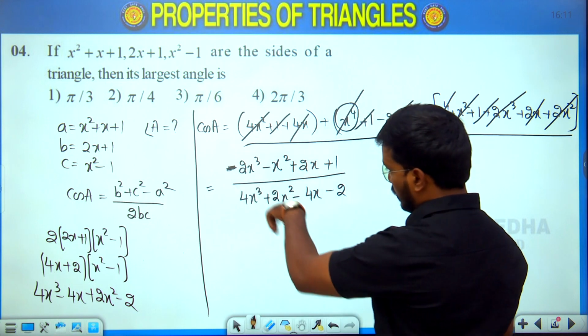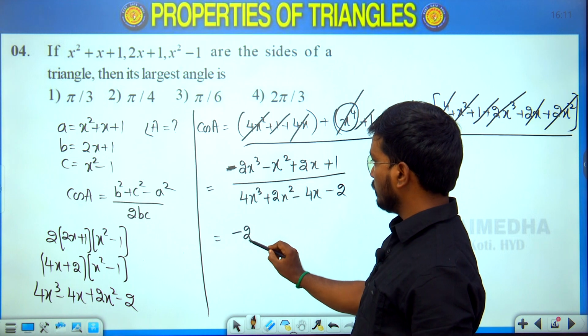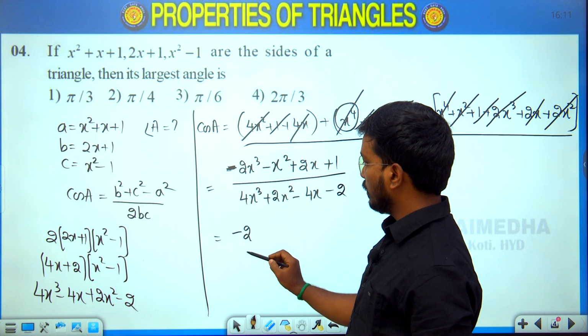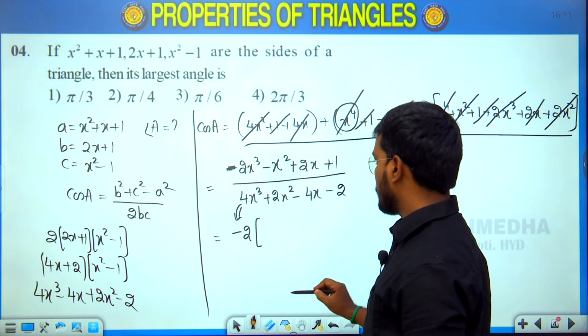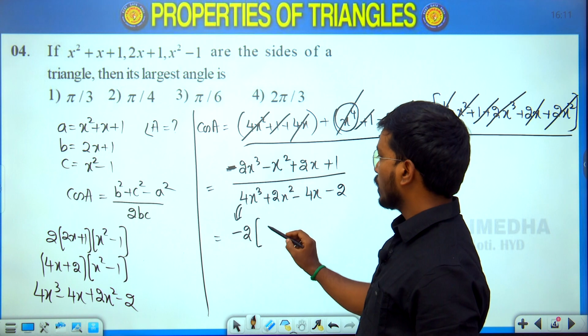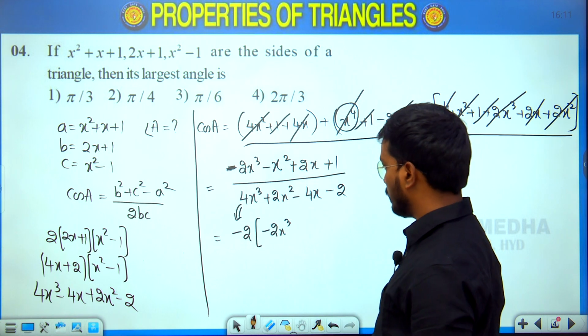So, now we can see a comparison here. If I take minus 2 as common in the denominator part we are talking about, then what is it going to look like? It is going to become minus 2x cube. Okay, minus of minus will become what? Plus here.